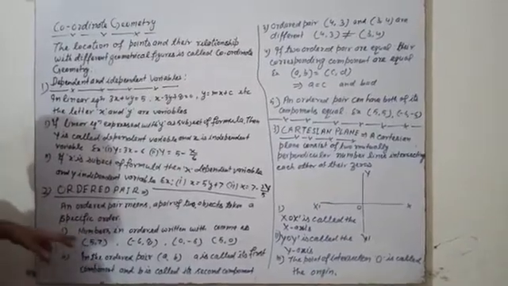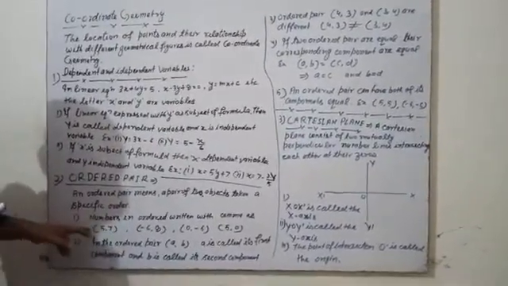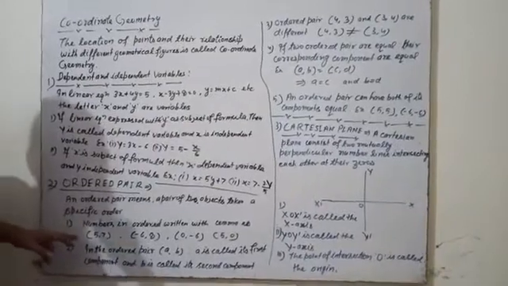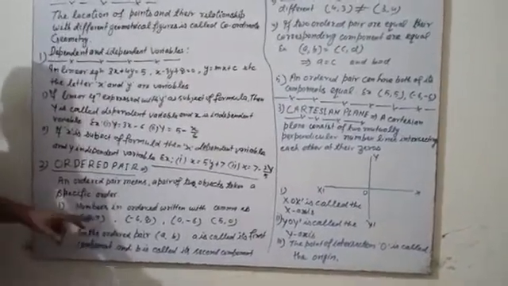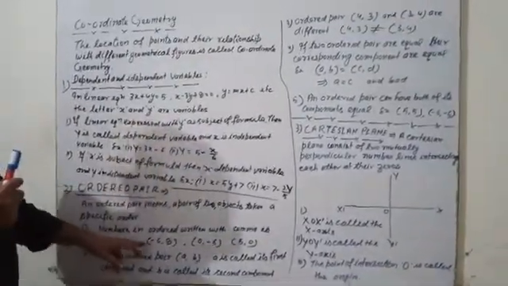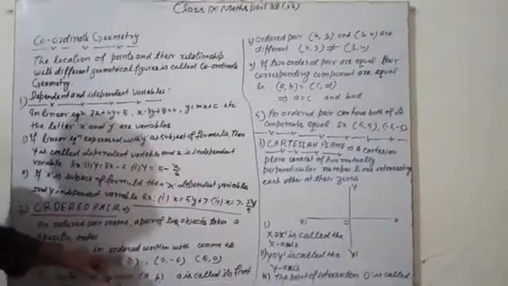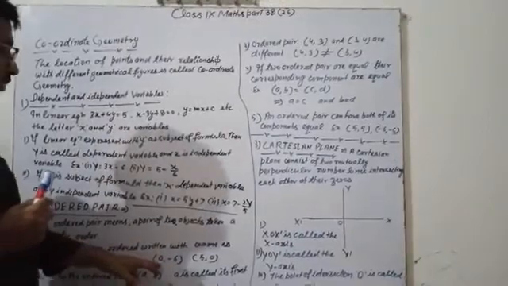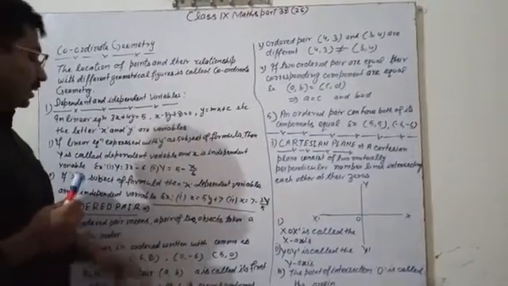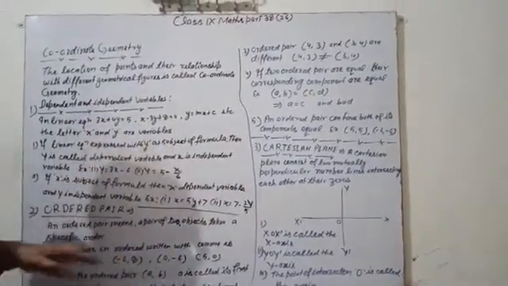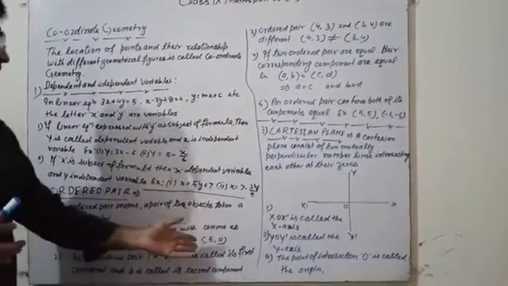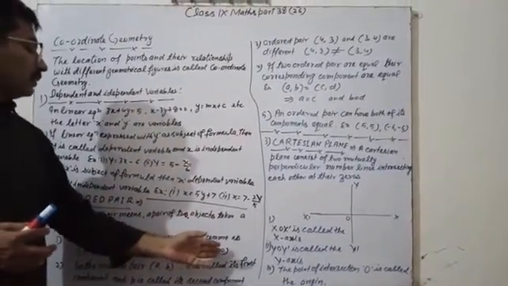For example, (5, 7) is an ordered pair. This is also an ordered pair: (minus 6, 8). And this is also an ordered pair: (0, minus 6), and similarly (5, 0).